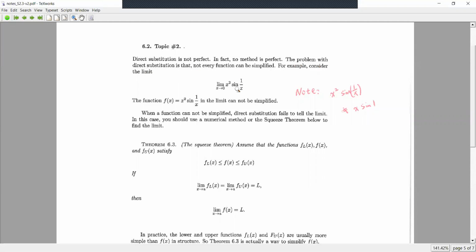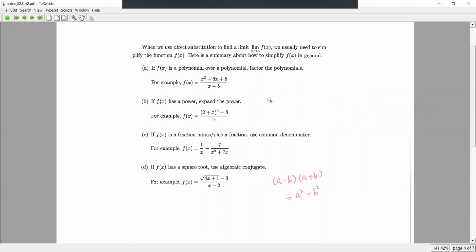For example, consider this limit. By direct substitution, to find this limit, we plug in 0 for x, but then we will find that the function is not defined at 0. Then we need to simplify the function to find the limit. But this function is none of these 4 cases.